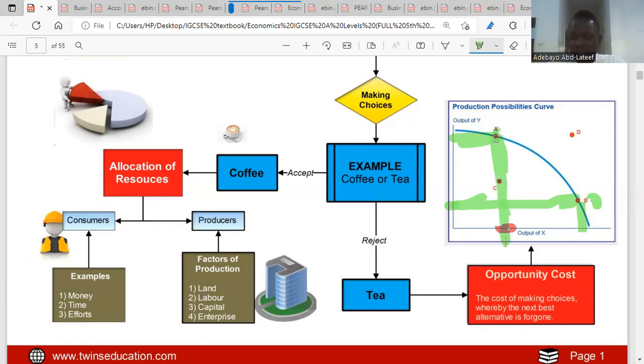So what it means is that you can produce either output Y at the maximum or output X at the maximum. Because based on opportunity cost, if you have made a choice in producing output X, you have your highest at B and you have your lowest at A. But if you have made a choice to produce at output Y, it means you have your highest at point A, you have your lowest at this point B.